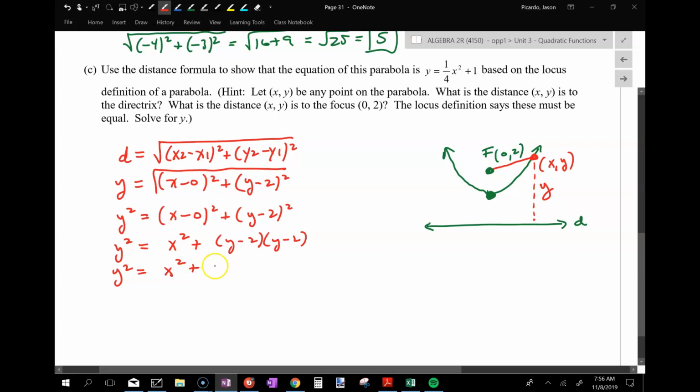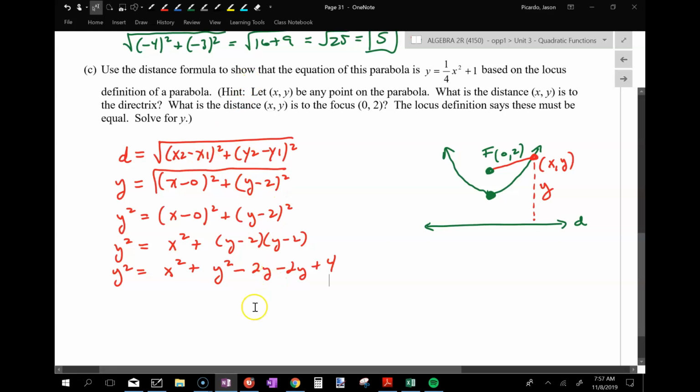So when I FOIL that, y times y? Y squared. Negative 2 times y? Negative 2y. The other negative 2 times y? Negative 2y. And negative 2 times negative 2 is 4. All right. Now, here's what I'm going to do, guys. I'm going to solve this for y.